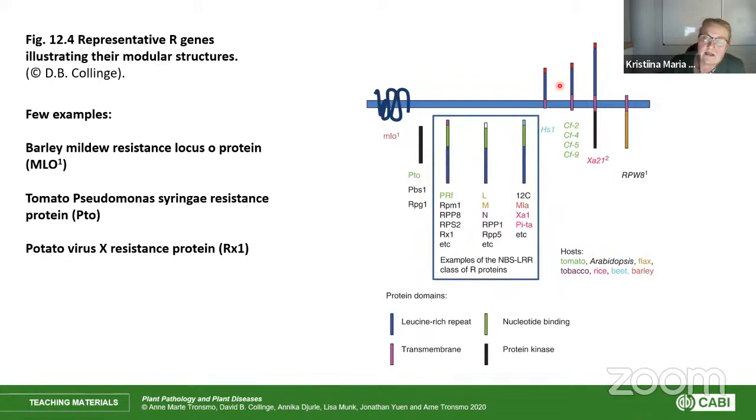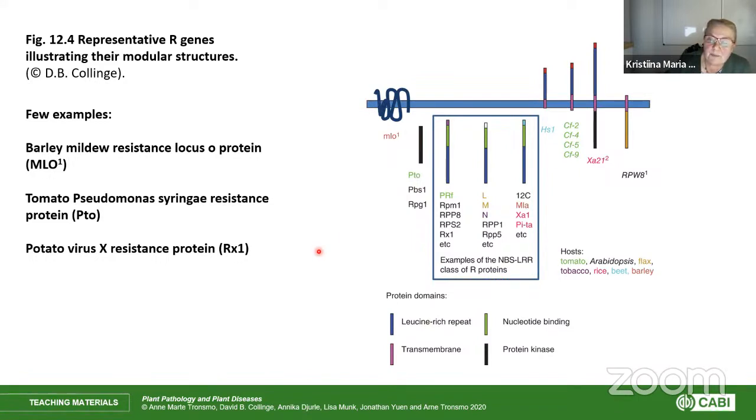The R genes encode the proteins that are responsible for pathogen recognition in the cytoplasm, and they are typical nucleotide binding leucine-rich repeat receptors that are either on the plasma membrane or in the cytoplasm.